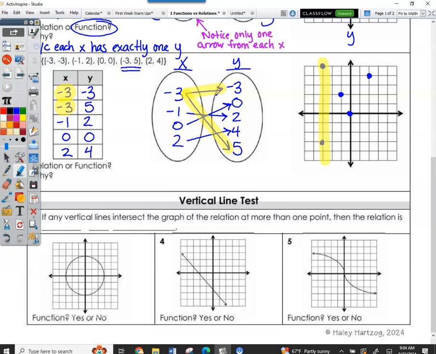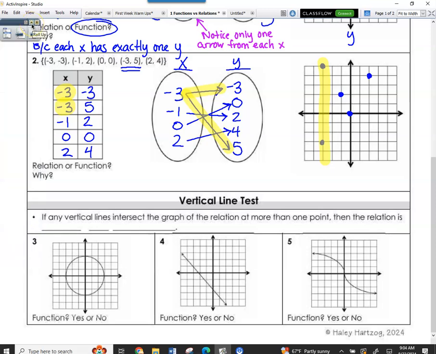So there's plenty of clues that this is a relation, and it's because -3 maps to -3 and 5. That's a problem. -3 is mapping to two different numbers.